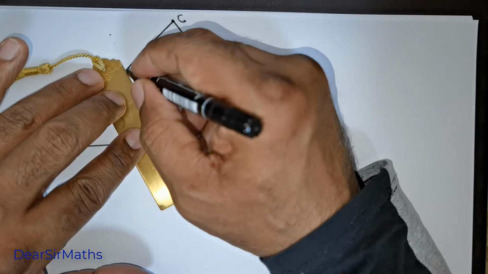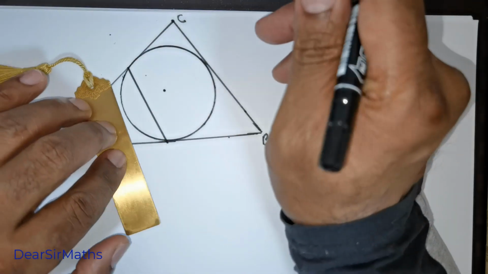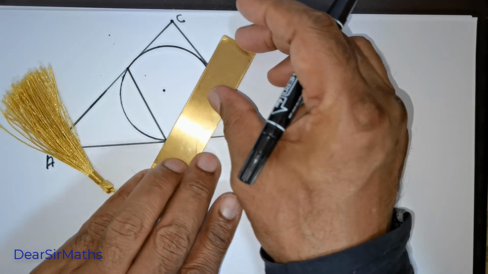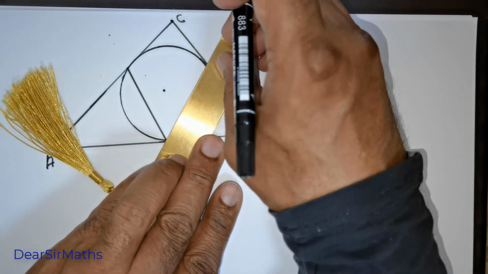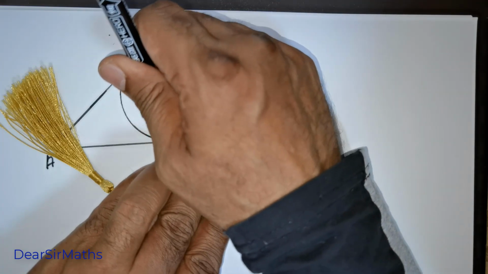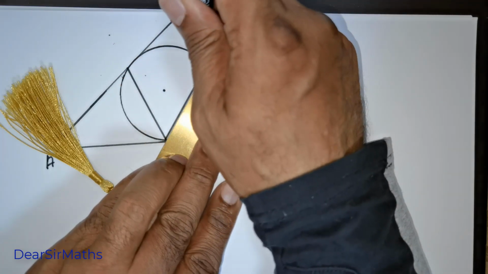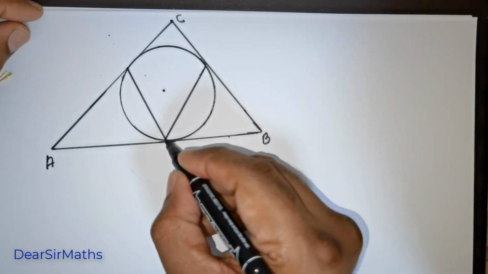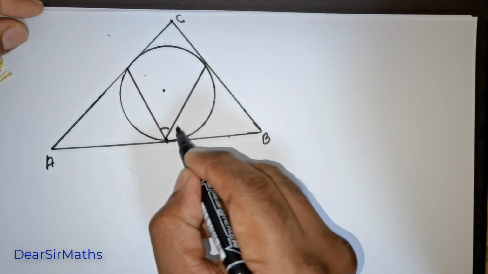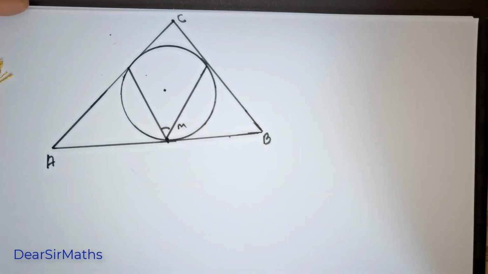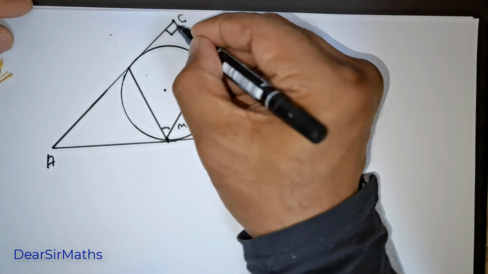There is an angle. Okay, so this angle is required and this angle is M. Now this is given to be 90 degrees.